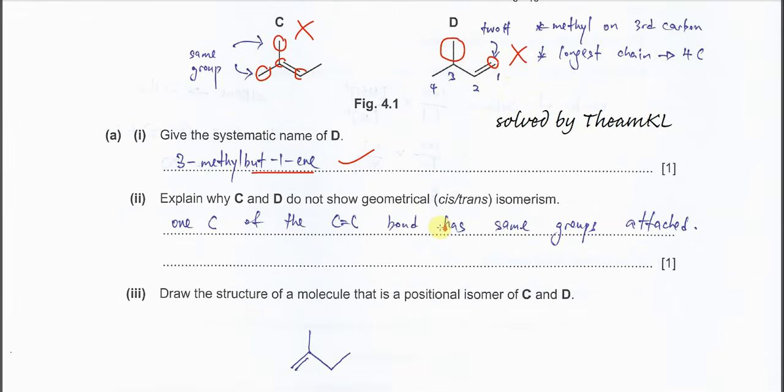That's the reason why C and D do not show geometrical or cis-trans isomerism, because one carbon of the C=C double bond has the same groups attached. When there are same groups, it cannot form cis-trans isomerism.